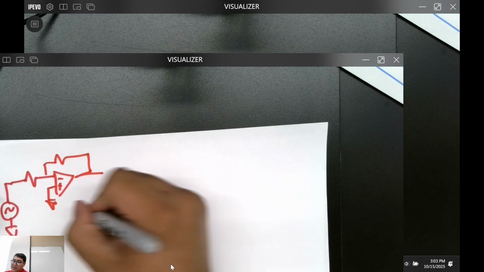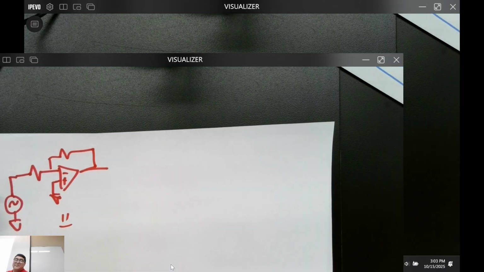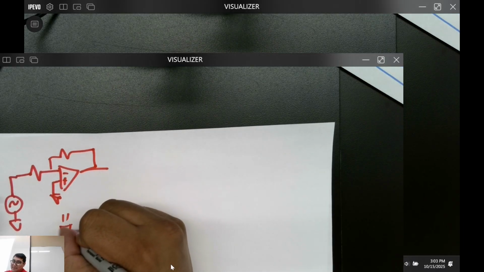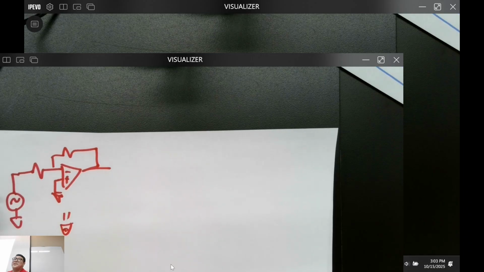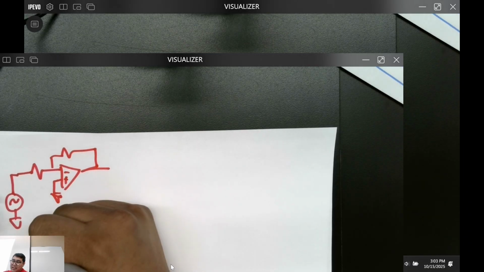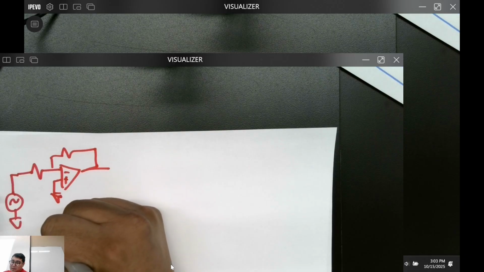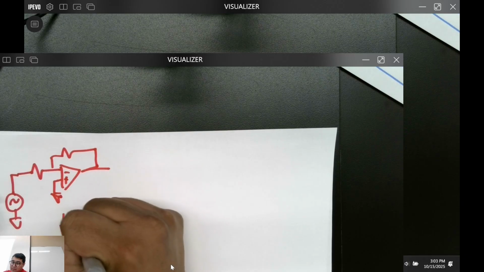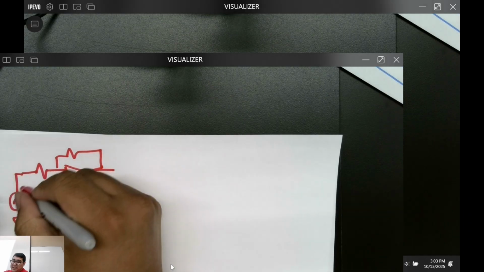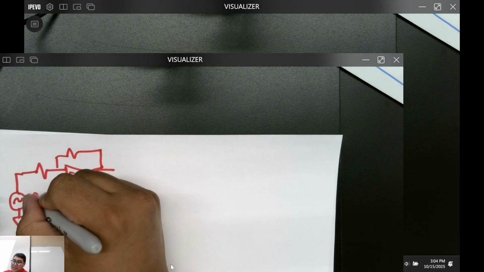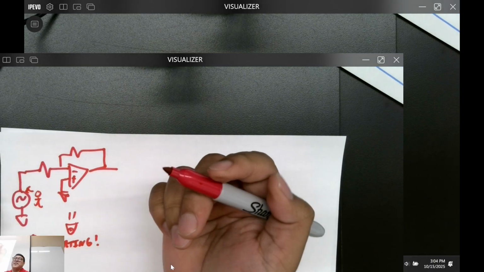This is my happy circuit. Is that good? I'm just going to make a smiley face. Is that good with everybody? Just a happy inverting circuit, right? And this is our little guy. I'm just making him stand over here, wiggling this little thing.